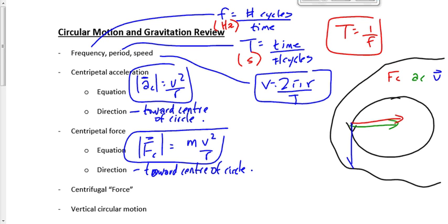At that point, it would be like this. Now, if we were looking for the direction of the velocity of an object right here, then we would say it's up like this. The velocity is always a tangent to the circle, whereas the acceleration and the force are always toward the center of the circle.